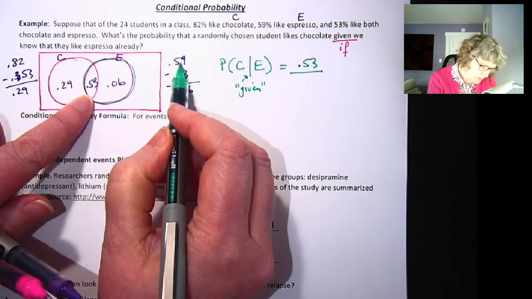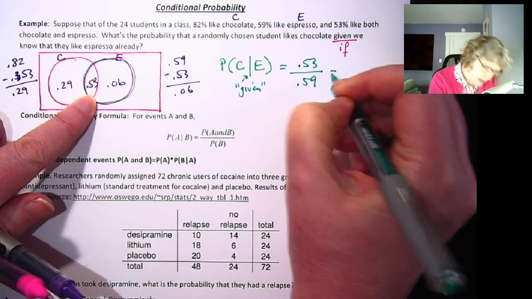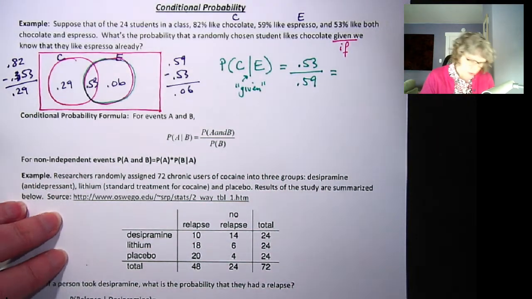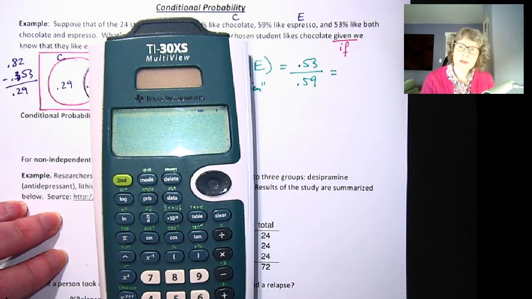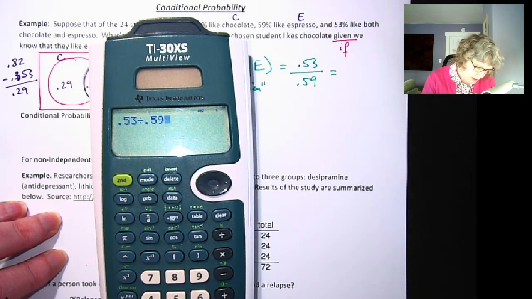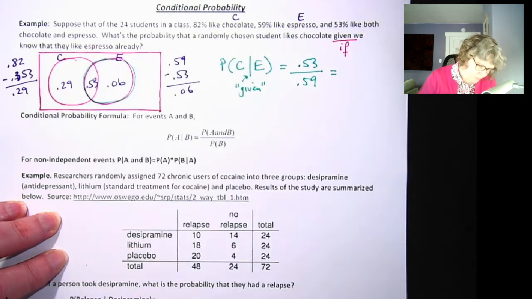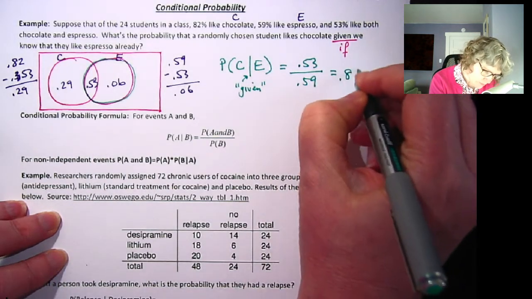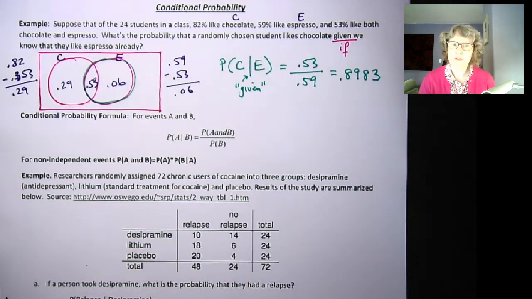Remember these came from the 0.59, or if we add those back together, we get 0.59. So instead of using 100% for our denominator, we're going to use the given condition. 0.53 divided by 0.59 is 0.8983. Okay, so that's a conditional probability.